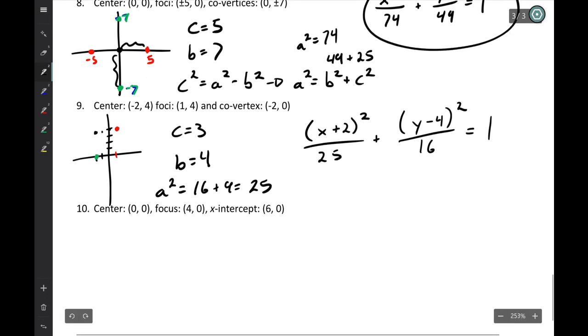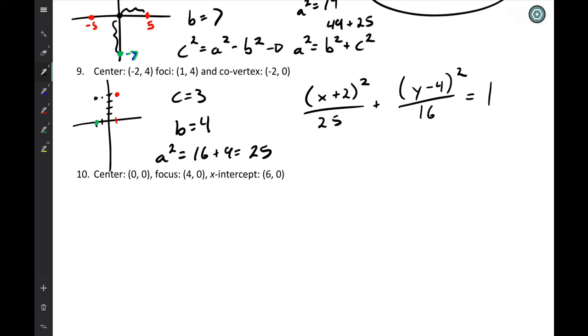All right, last problem, and then we'll be done here. Looking at this, it gives me the center, the focus, and an x-intercept. That's kind of weird, so let's go through and draw a picture again. Okay, so my center's at 0, 0. My focus is at 4, 0. This is 4, and that's where my focus is.